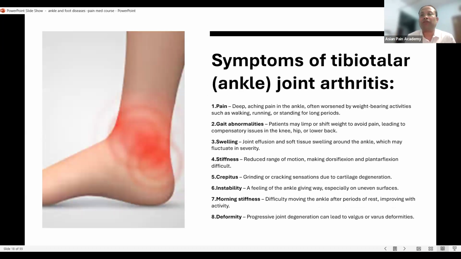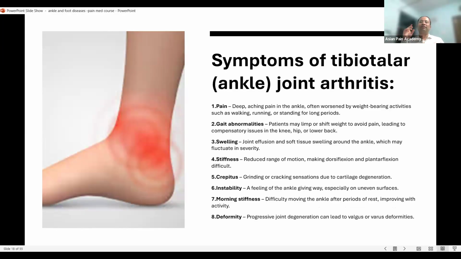First, let us talk about arthritis, which is the most common cause of ankle pain. As we know, there are two types of arthritis: one is degenerative and one is inflammatory. If a patient comes with ankle joint pain and under ultrasound you see effusion, then you must think of inflammatory arthritis until otherwise proved.